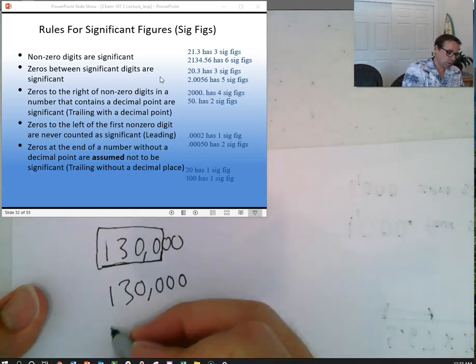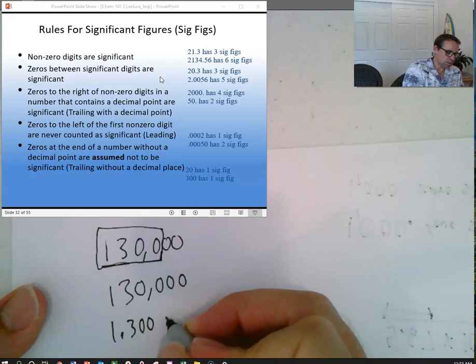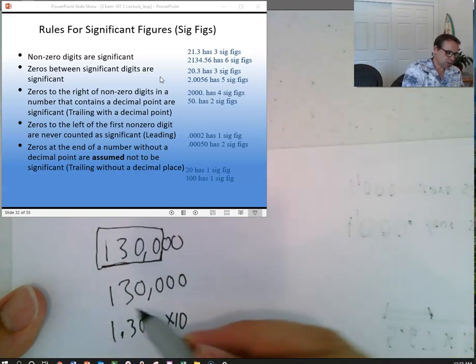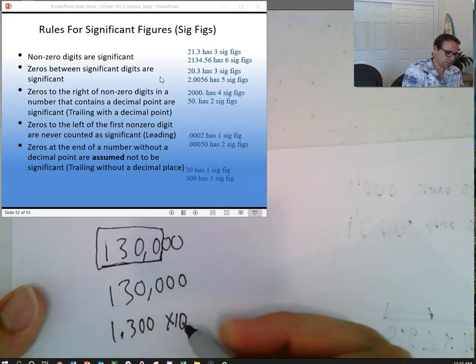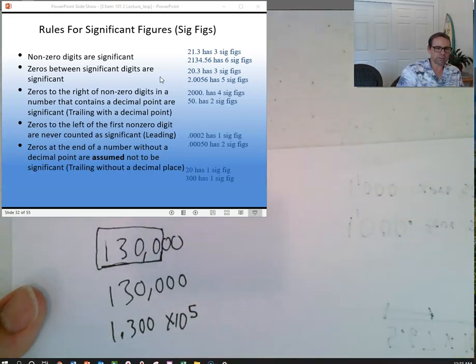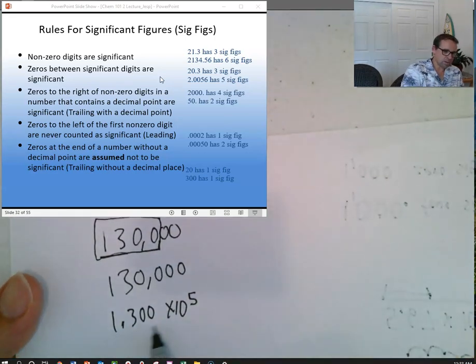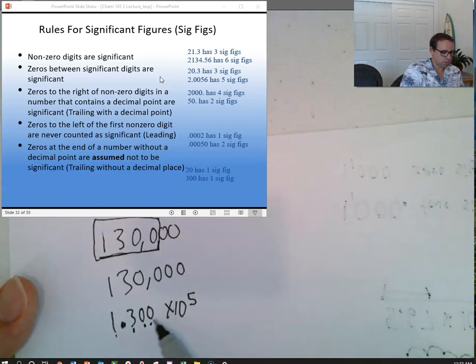Because I can write 1.300 times 10 to the 5. And so now this number here shows that these zeros are significant. That's why they're there. If they weren't significant, they wouldn't be there, especially after the decimal points, right? So that's showing that I have 4 significant digits, and that helps the government know where the estimate is.